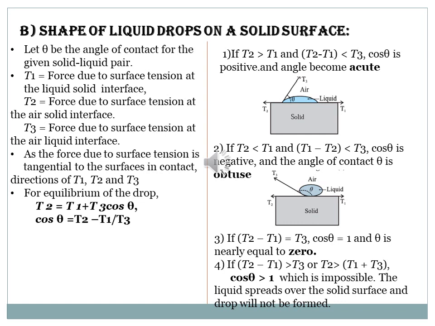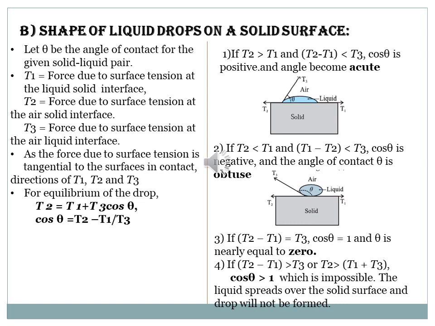We have to consider the force due to surface tension between all three mediums. Which are the three mediums? Liquid, solid and air. So let's consider all three forces. First is T1, which is the force due to surface tension at the liquid and solid interface.